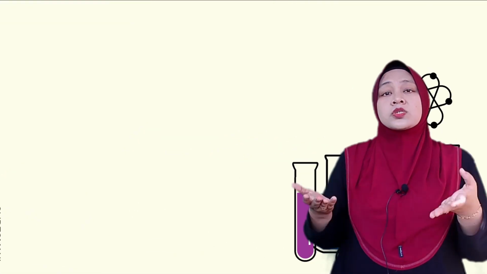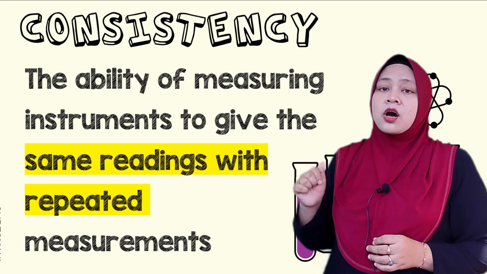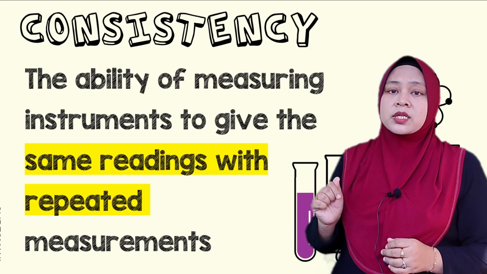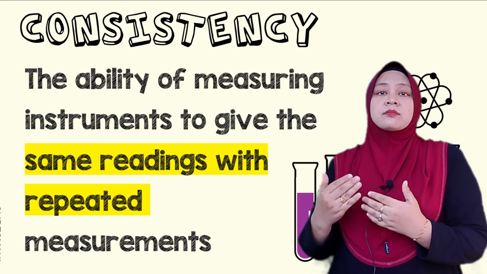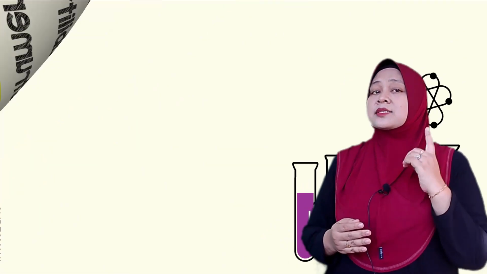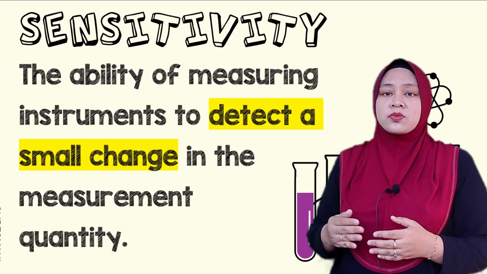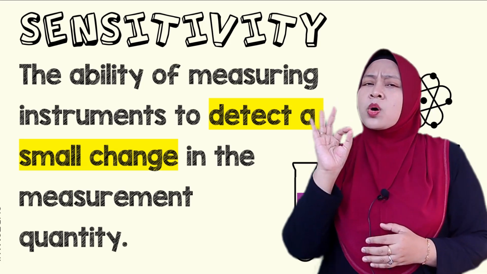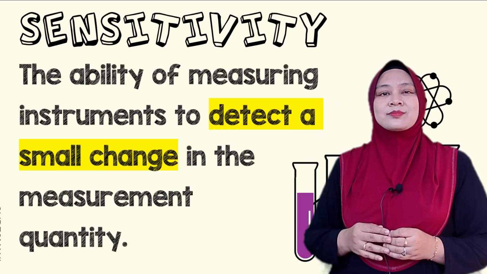How about consistency? Consistency is the ability of measuring instrument to give the same reading with repeated measurement. And sensitivity means the ability of the measuring instrument to detect a small change in the measurement quantity.